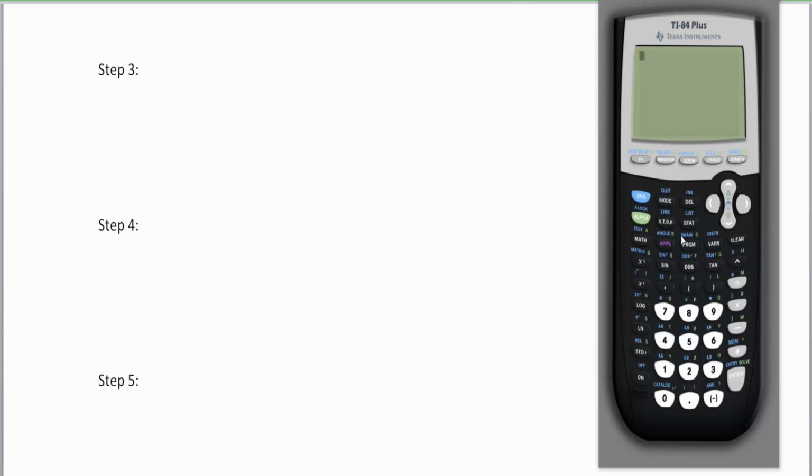So with our graphing calculator, we're going to click the Stat button. We're going to click the Tests menu. Scroll on down to your option for the 2-sample t-test, which is option 4 on my calculator, and make sure you're in the Stats screen, because we're going to enter the statistics. In the video after this one, we're going to show you how to enter the raw data into list 1 and list 2 and get your information.